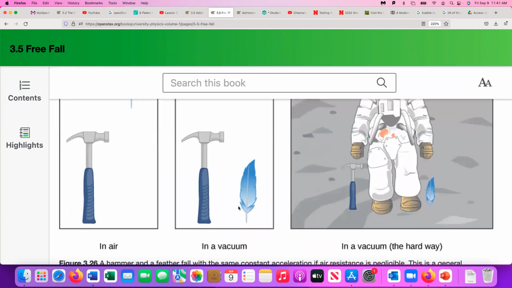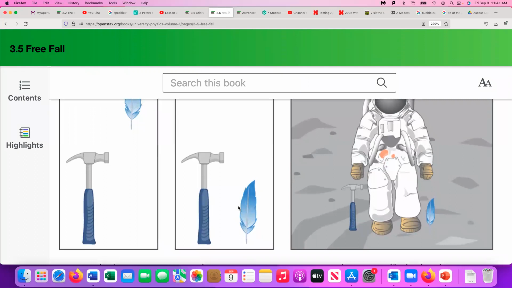What I mean by air friction is something that's easily demonstrated here on Earth. If you drop a hammer and a feather or a piece of paper, something heavy and something fairly light that has its area spread over a big area, the hammer is obviously going to hit the ground first.